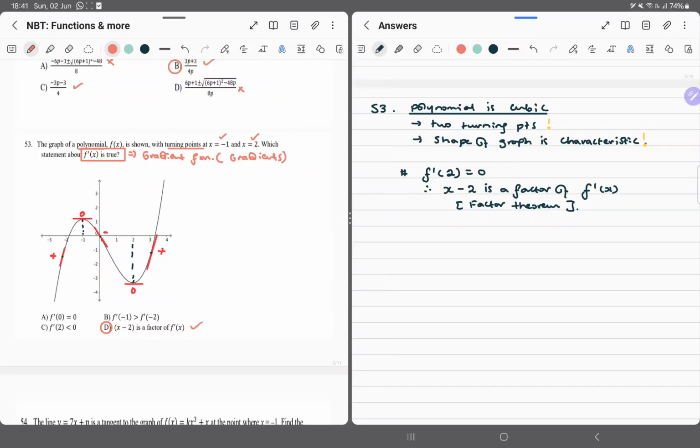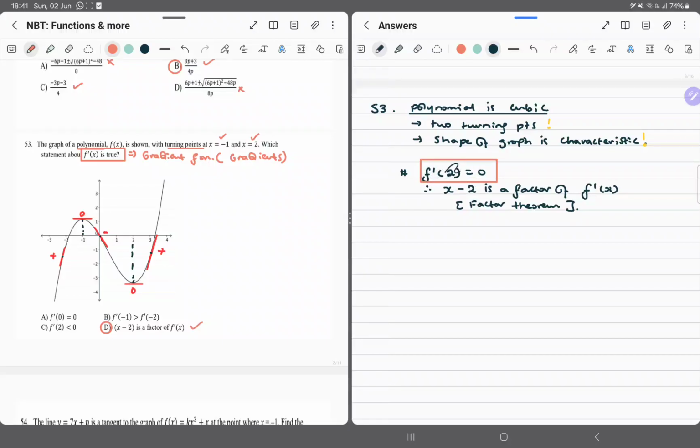Okay, good. So, what was key in answering this question was to appreciate this. And obviously, one could easily look at the gradients and figure that out. But a little bit of theoretical knowledge is important, understanding the factor theorem and what it means.